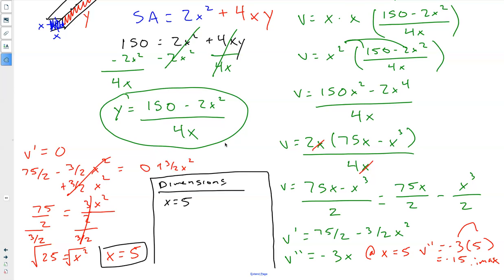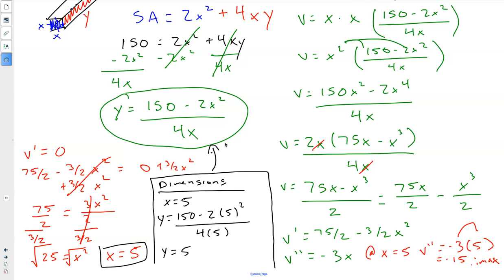To find my y value, I'm going to substitute that into this equation right here. So y is equal to 150 minus 2, 5 squared divided by 4 times 5. And that will give us a y value equal to 5.